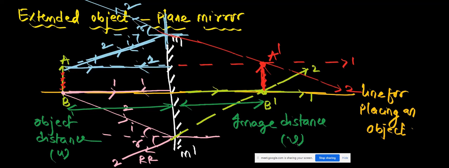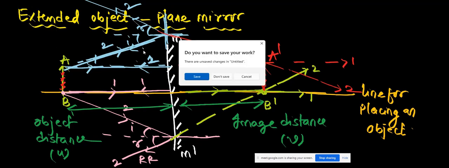Now, are object distance and image distance equal or different here? Equal, U is equal to V. There are certain characteristics of the image formed in a plane mirror. We will see them one by one. Diagrammatically, are you clear? So the next topic is characteristics of the image formed in a plane mirror.